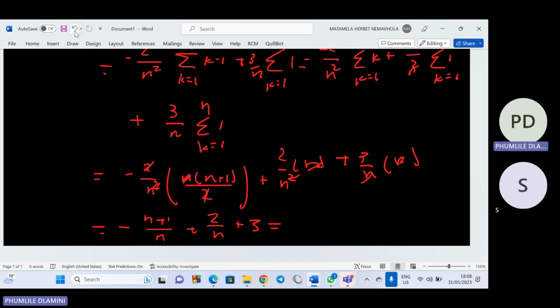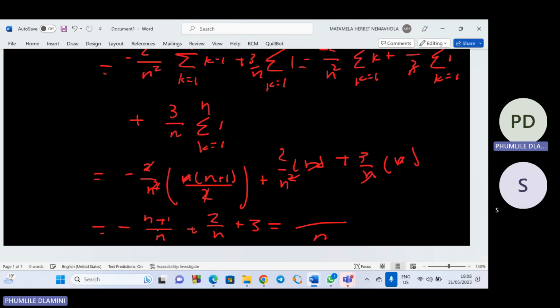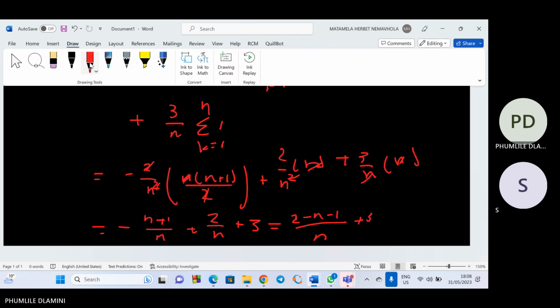When we check properly, we have a negative here, so the negative sign is going to be negative n. It's going to be n squared minus n minus 1 plus 3. Yes. So this one, 2 minus n plus 1, is going to be 1 minus n. We can just write it as 1 minus n.